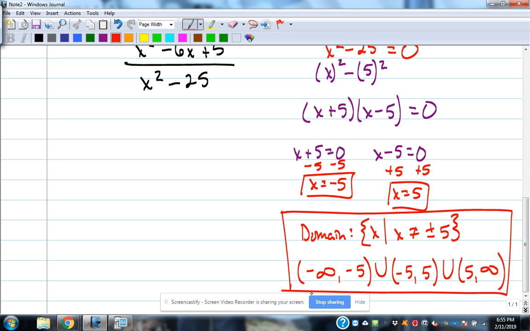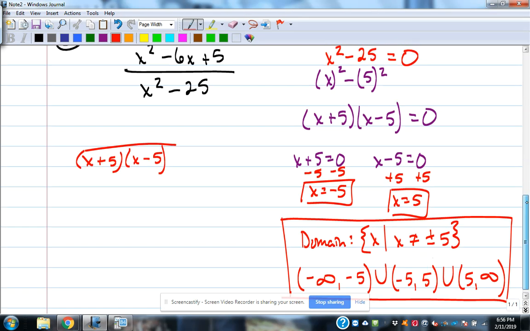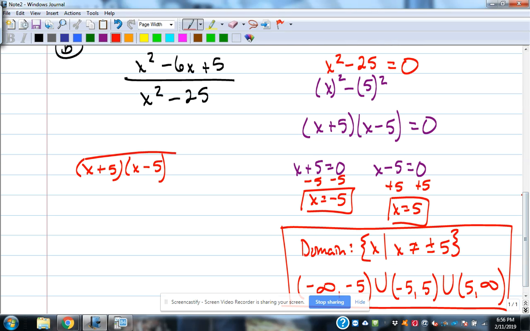When we go to do the simplifying, we're going to use the factoring we've already done on the bottom. No sense in having to redo it. We've already done it once. So the bottom part factors as x plus 5, x minus 5. We need to go back and factor the numerator if possible.